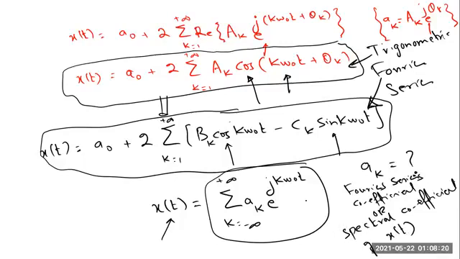Once I derive the expression for ak, I will solve one example, and that example will help you understand why we are calling ak the spectral coefficient of x. First, let's find out how to determine ak.